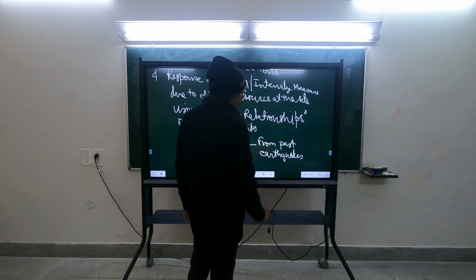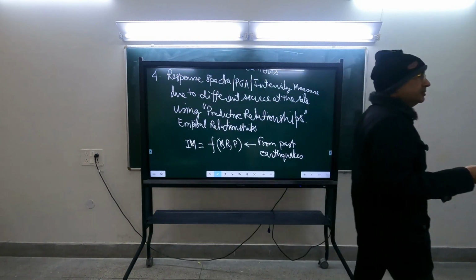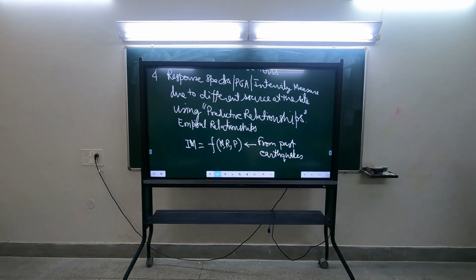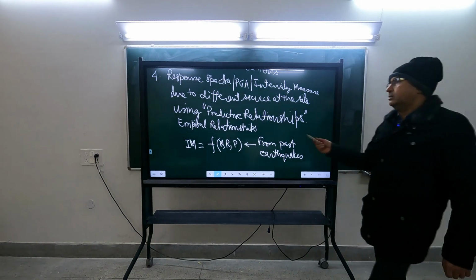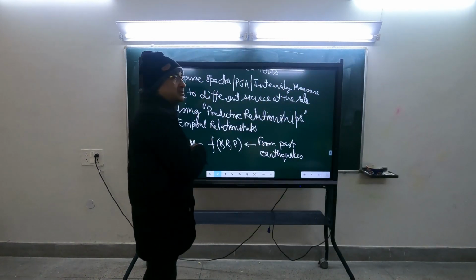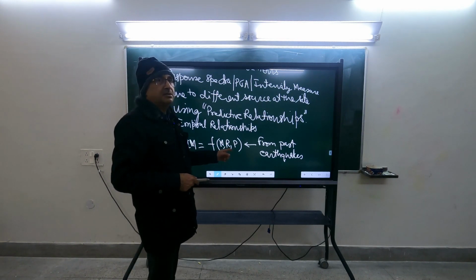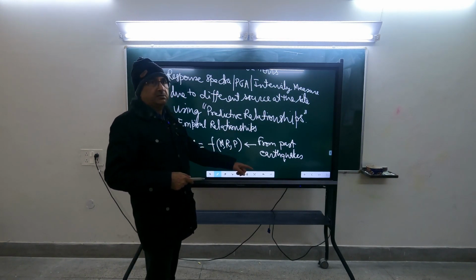For past earthquakes, we know the magnitude, we know the records at different distances from the epicenter, so we know the distance, and we know the local soil conditions at the location where the ground motion was recorded. We also know the regional characteristics. These will vary from region to region because path characteristics will vary.